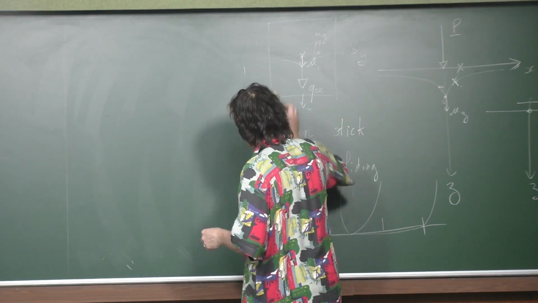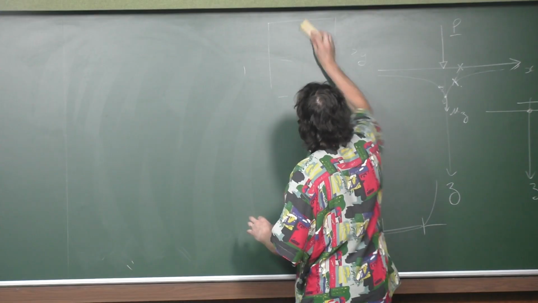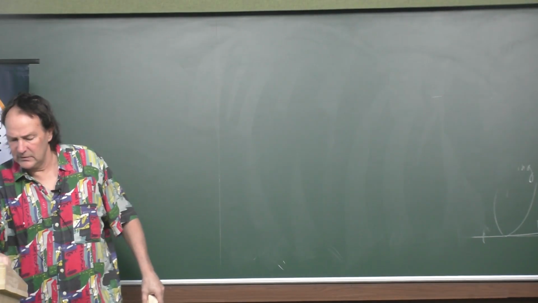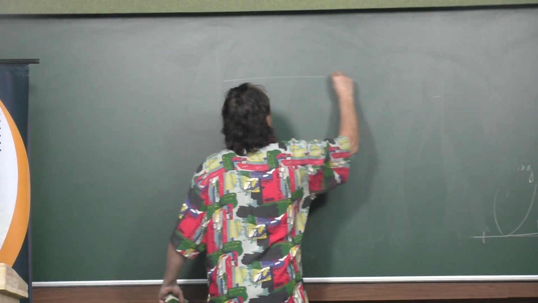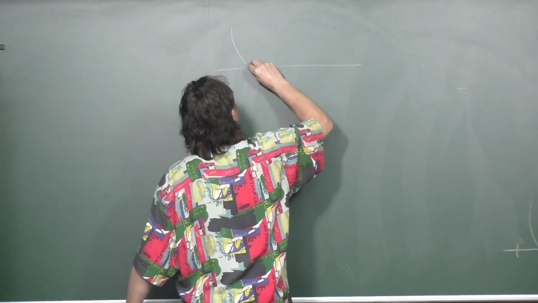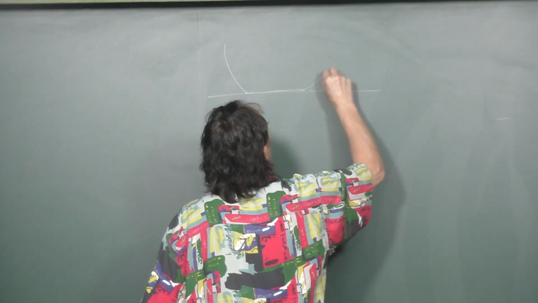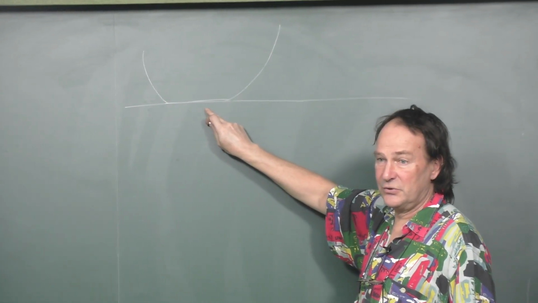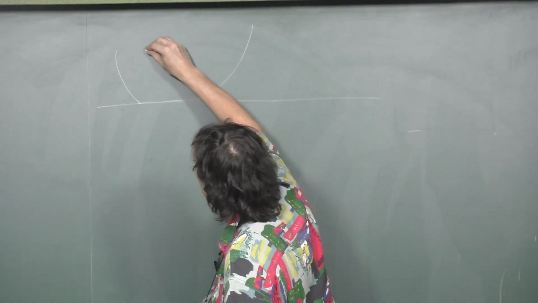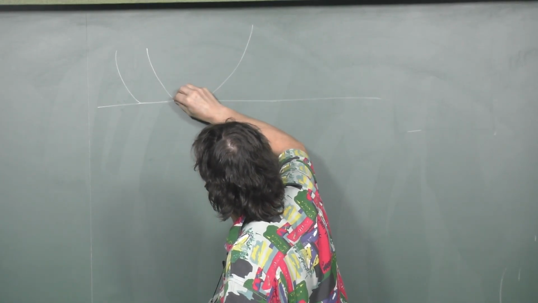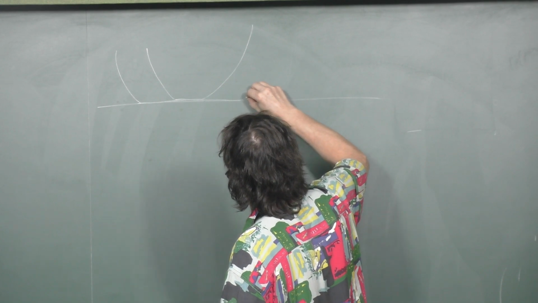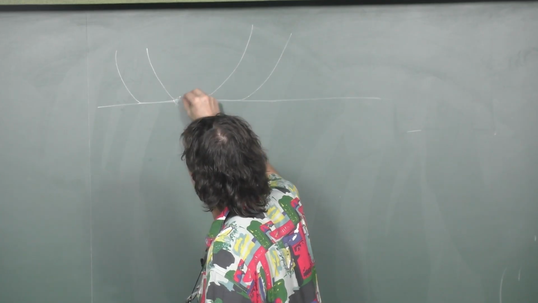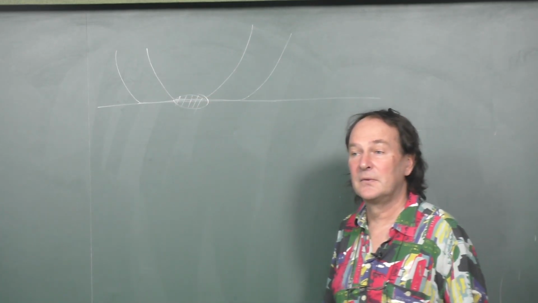For example, if this one is the initial position, and if this one is a final position, debris will be trapped here, and they will remain.